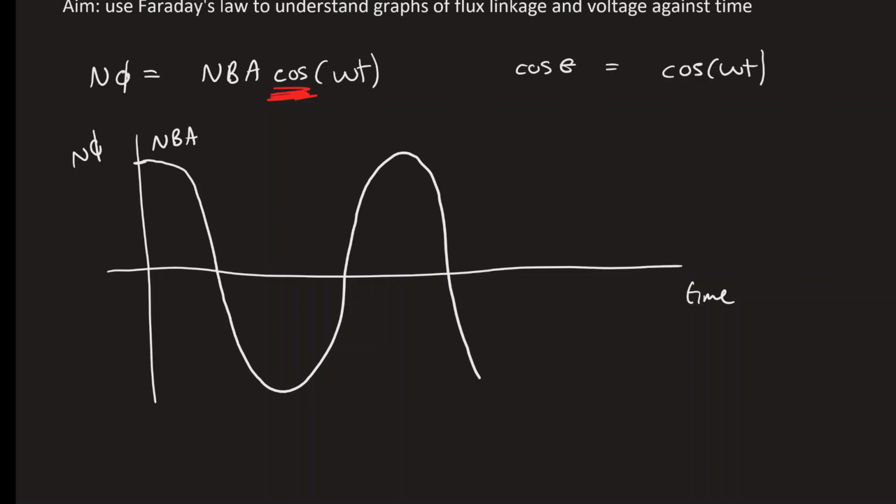Then at its lowest point, the flux linkage will be minus NBA. That just means the flux is directed the other way through the loop, from the loop's perspective.